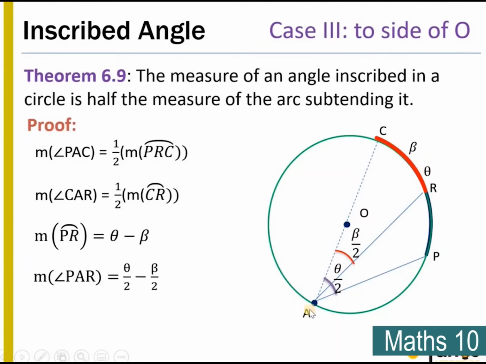And the measure of angle PAR, which is the angle that we care about, is equal to theta over 2, all the way across, minus beta over 2, which is theta minus beta over 2, which is half of the measure of the arc PR.